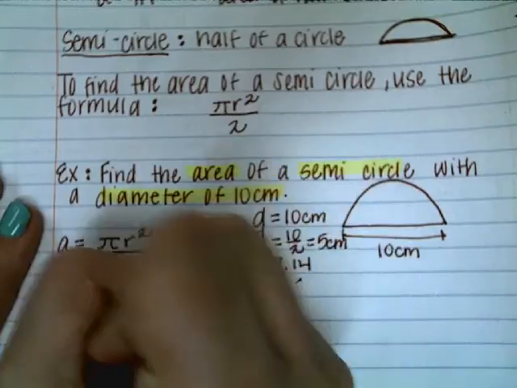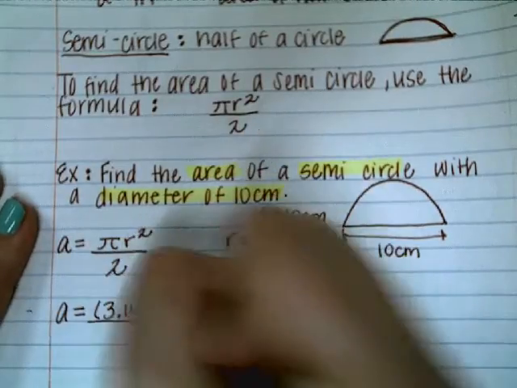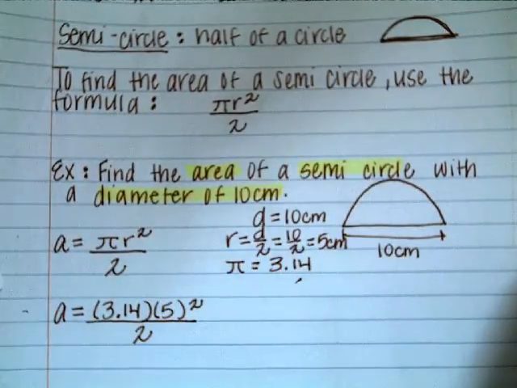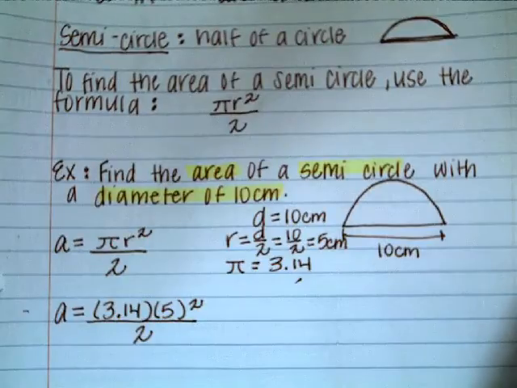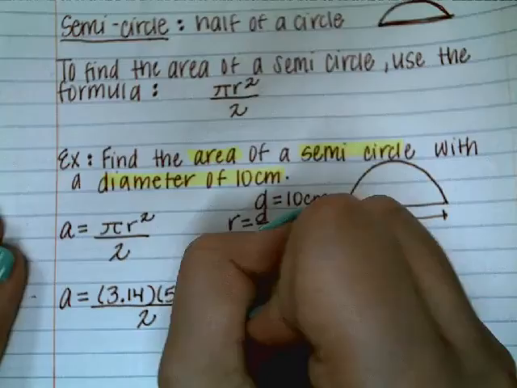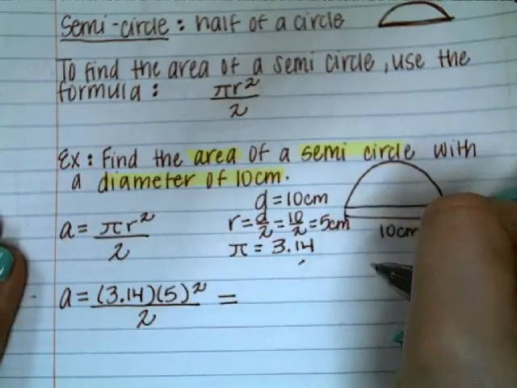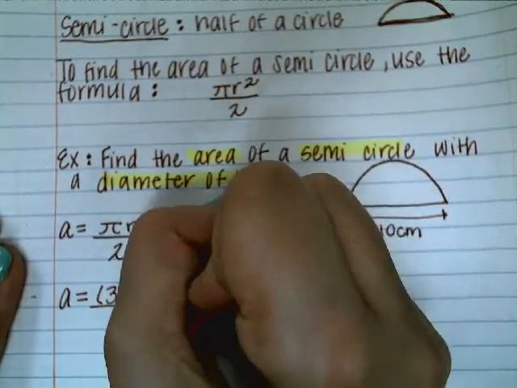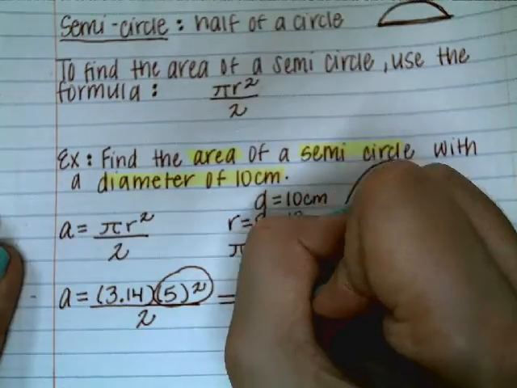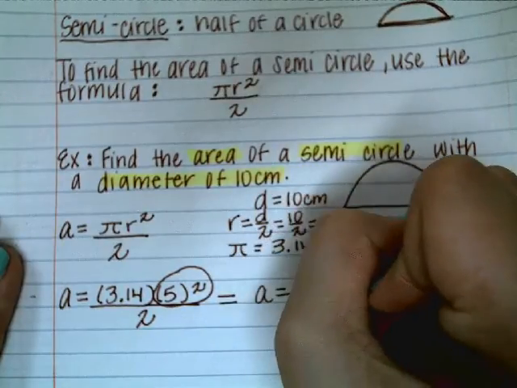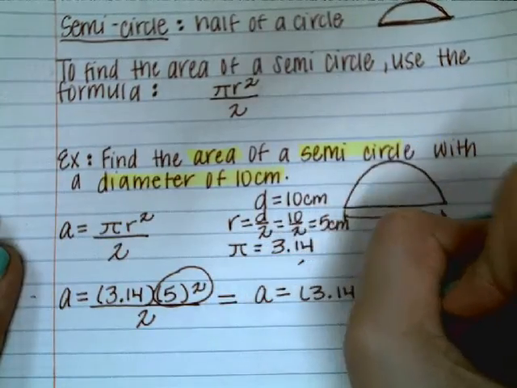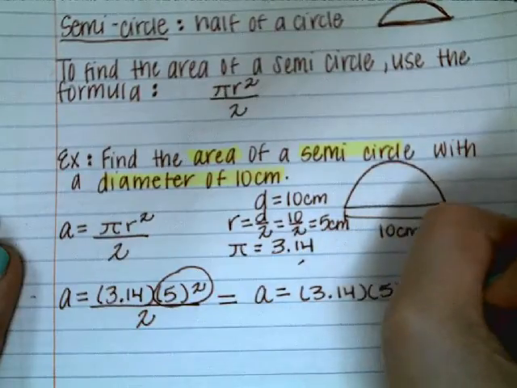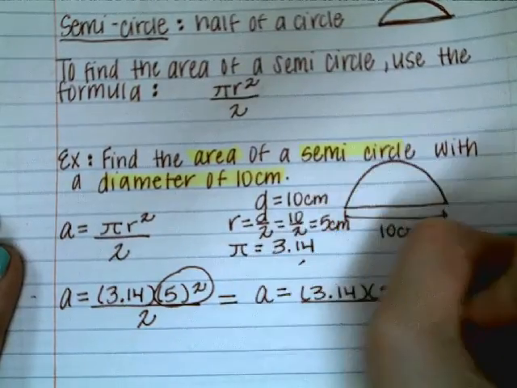Then we have to square it. But remember, we aren't finished because we have to divide by 2. 5 squared means 5 times 5. So A equals 3.14 times 5 times 5 divided by 2.